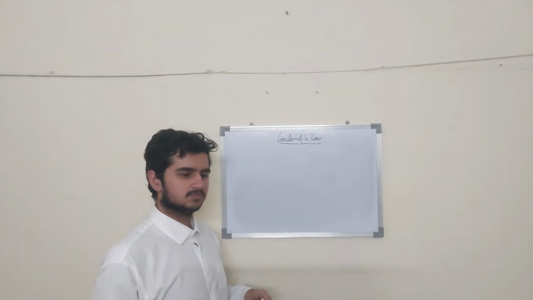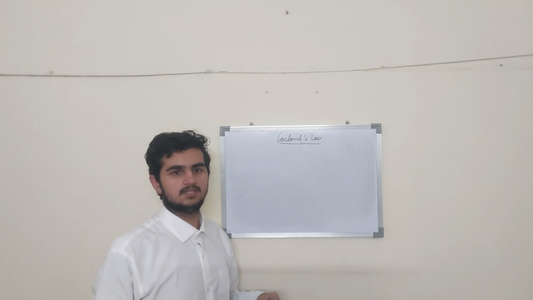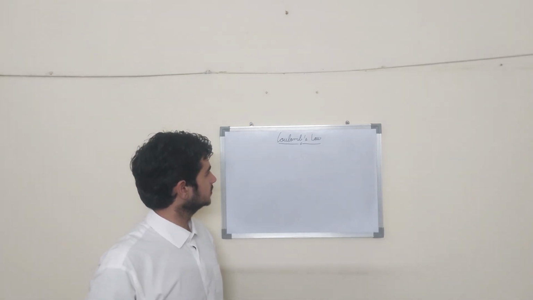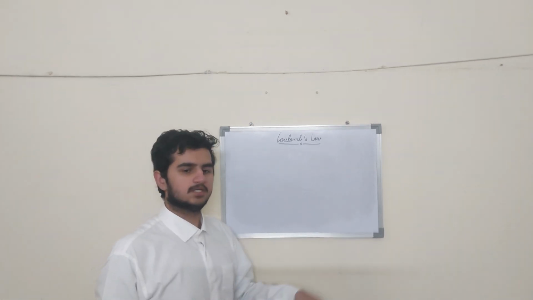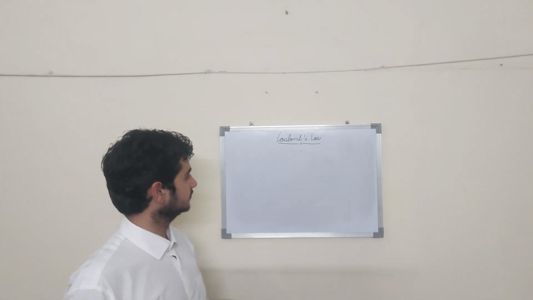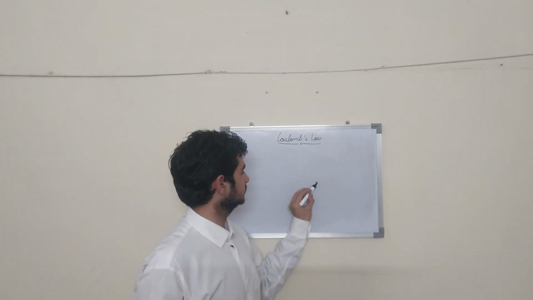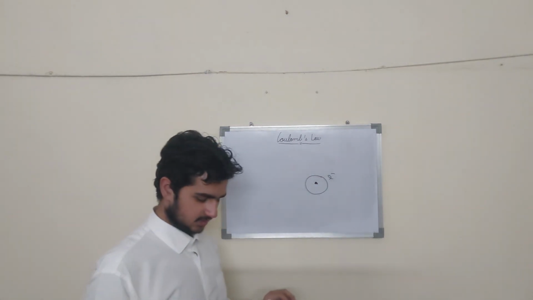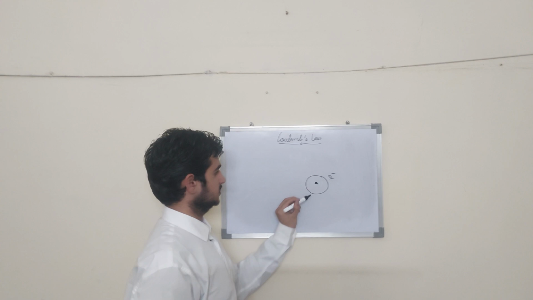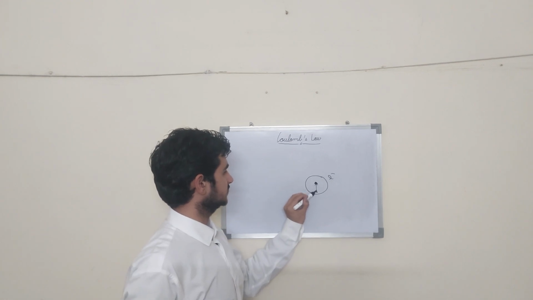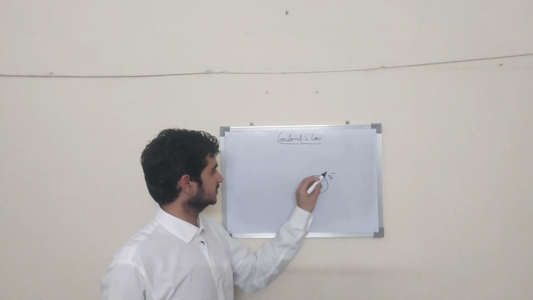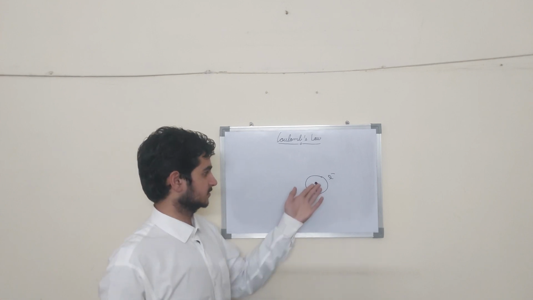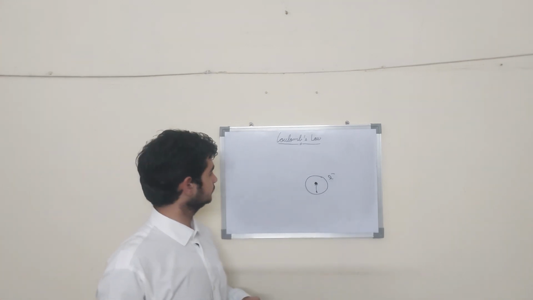Coulomb's law is also not just a theoretical concept. For any atom we have a nucleus and electrons revolving around it, and the forces of interaction between the nucleus and the electrons are all governed by Coulomb's law because they are charge carrying particles.